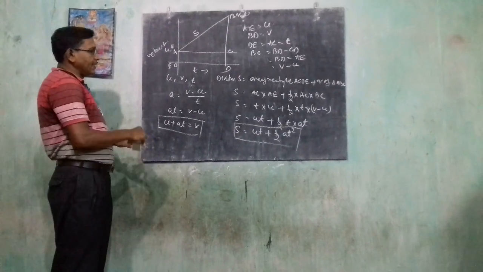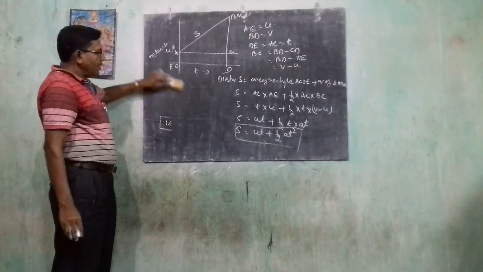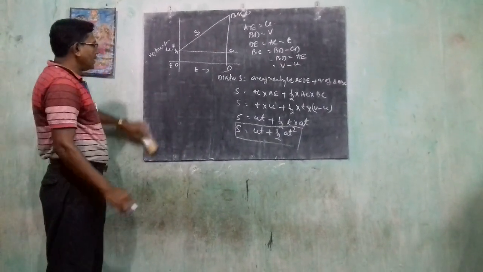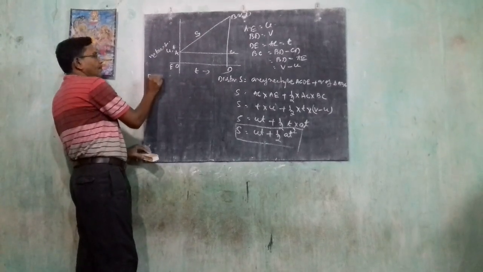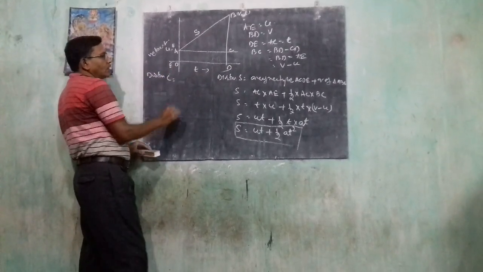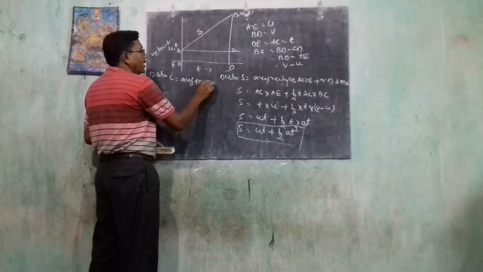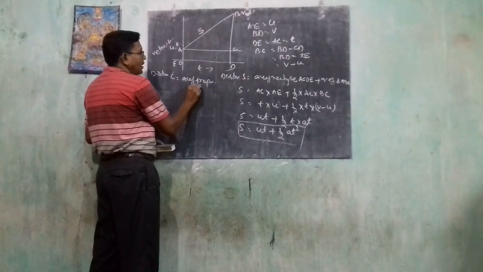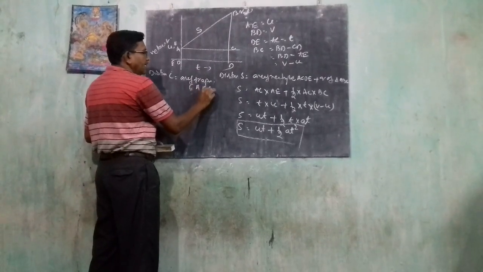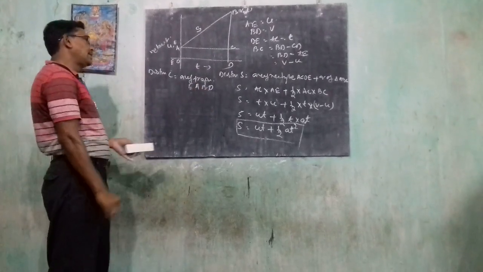Next, in another case we can find the distance S equal to the area of trapezium EABD.